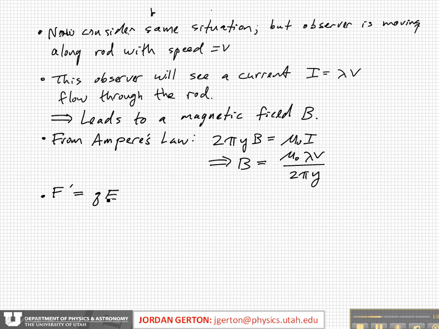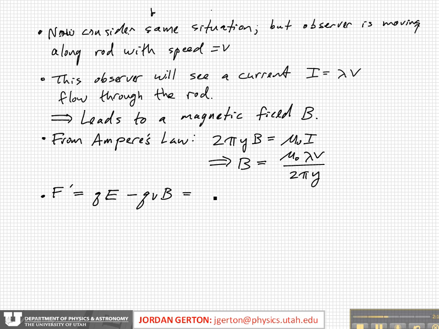So we have the charge times the electric field, which is what we had before, and now we have this other part, which comes from the velocity cross product with the magnetic field.